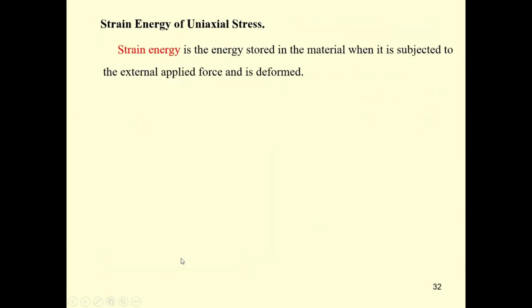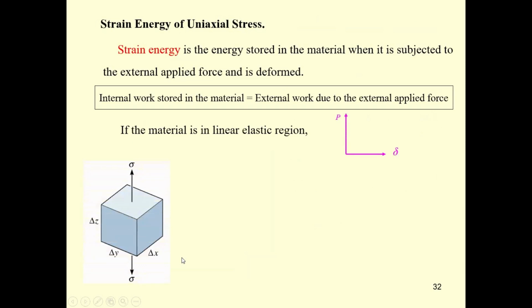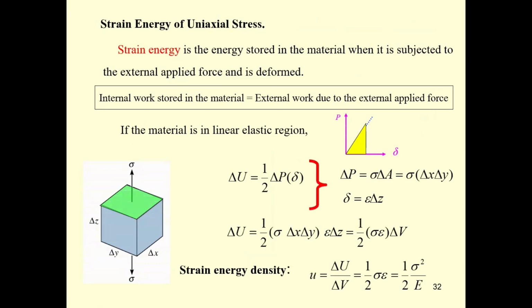And then strain energy. Again, strain energy means the energy that can be absorbed by the material and is in the form of strain energy density. And that's going to represent the area for linear elastic. This is going to be the modulus of resilience.